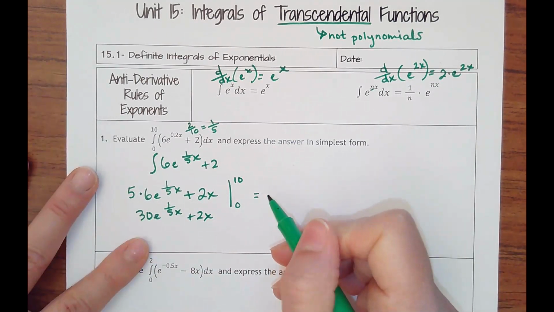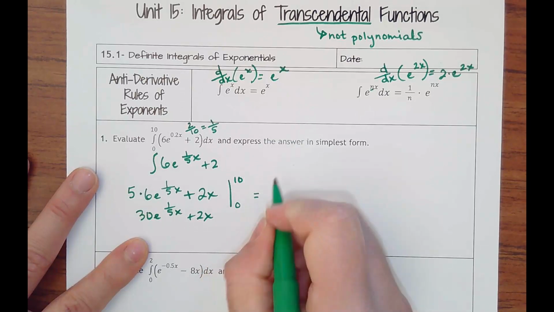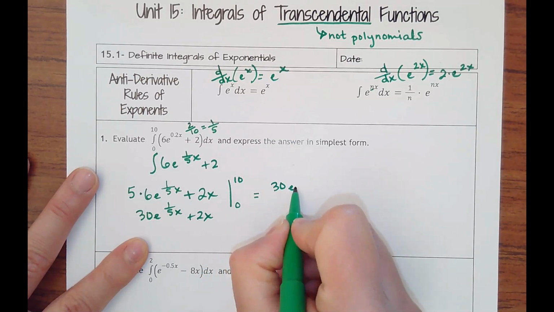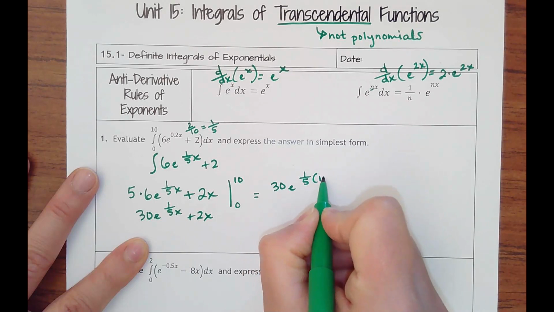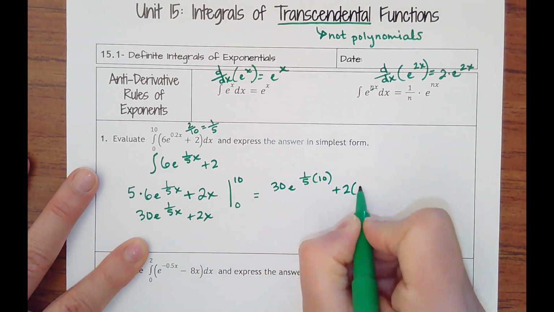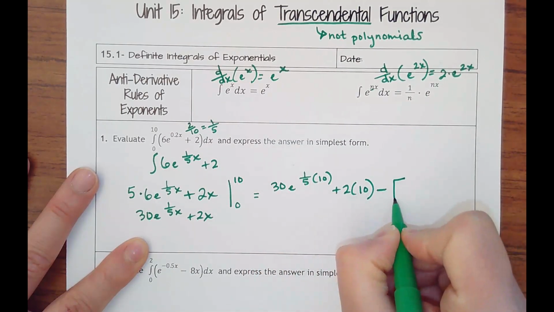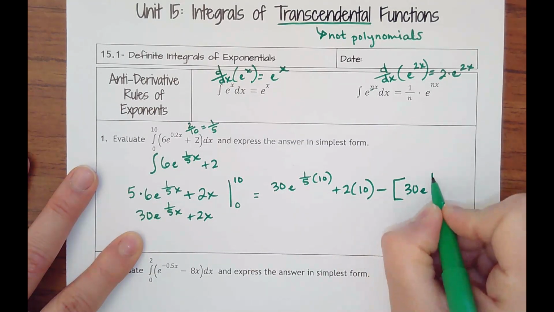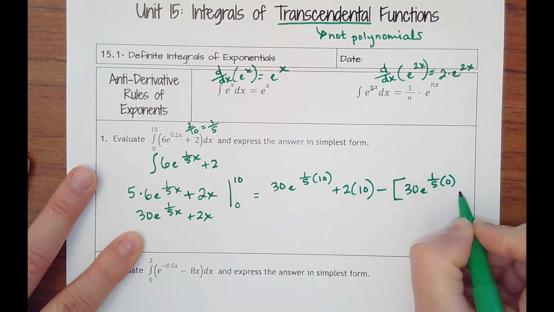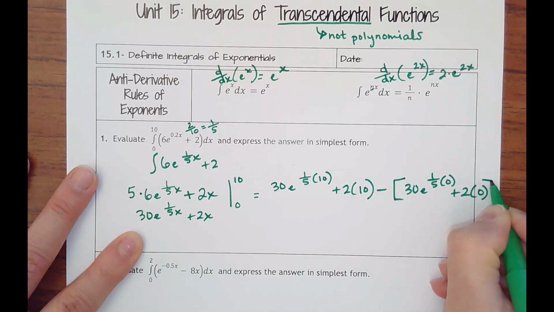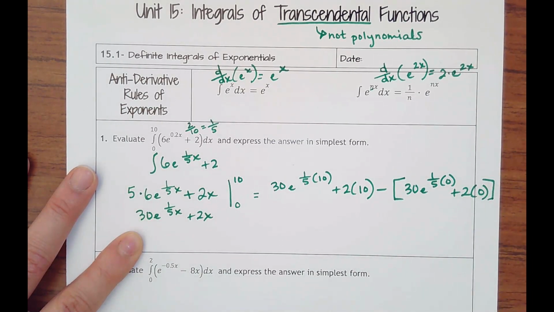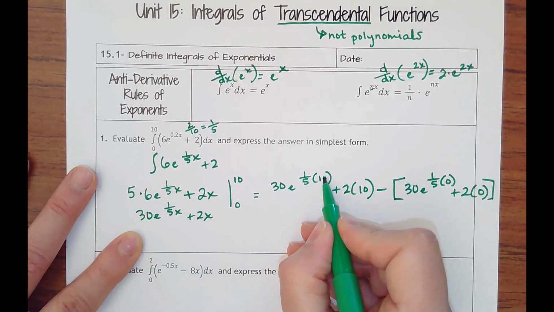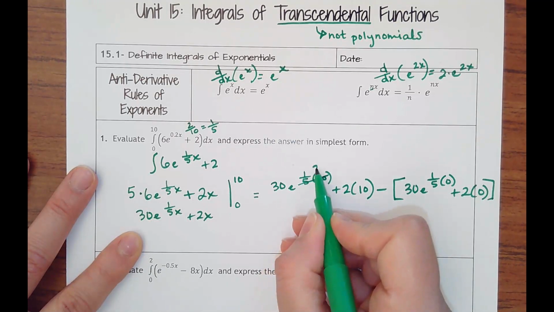I'm going to plug in 10 first, because this is my b and this is my a. So it's 30 times e to the 1/5 of 10 plus 2 times 10, minus, and I'm going to do brackets around it, plug in 0. So it's 30 times e to the 1/5 of 0 plus 2 times 0. 1/5 of 10, or 10 divided by 5, that's 2.